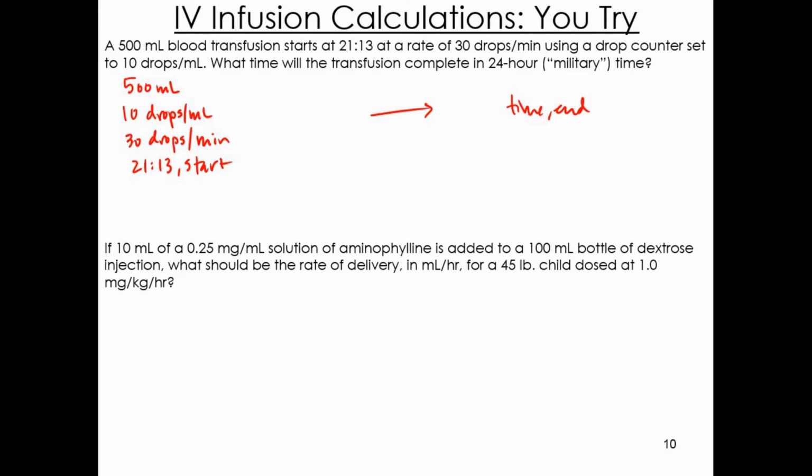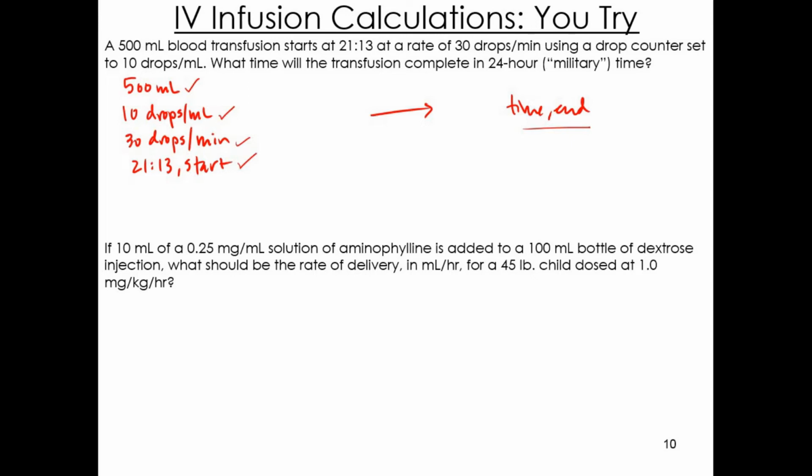And so you can kind of see a strategy looking through these values. I ordered them that way, actually. We have a volume. We can convert that to drops. We can convert those drops to minutes. And we can add the minutes to the time that we started to get the ending time. And so that's the value of writing out everything that you have, is you can sometimes formulate a strategy based on that. And so let's go ahead and follow that pattern.